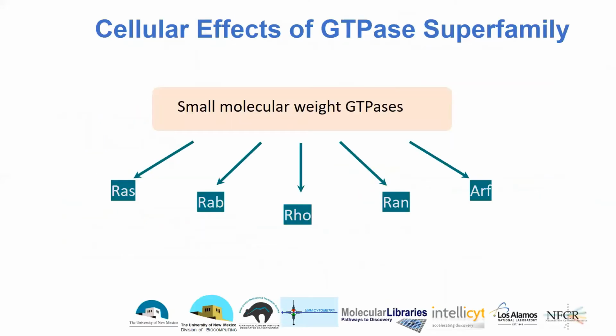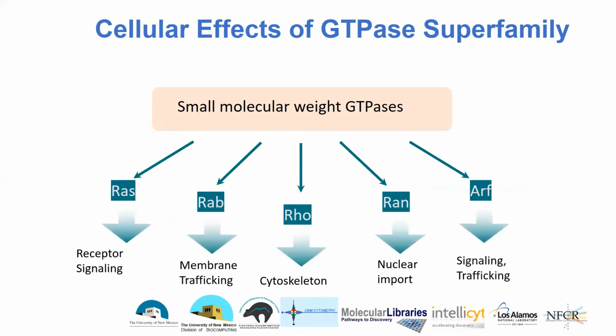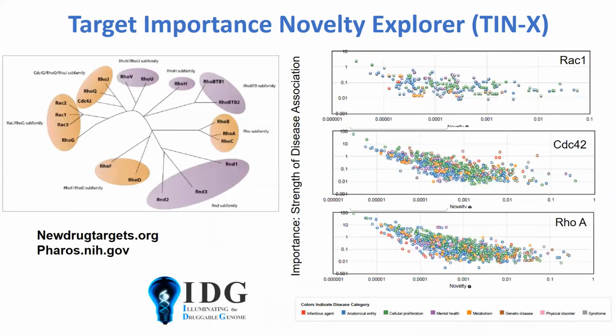Low molecular weight GTPases consist of a superfamily of about 150 proteins that are involved in receptor signaling, membrane trafficking, cytoskeleton, nuclear import, and other processes. In this regard, I would like to call your attention to the NIH initiative called Illuminating the Druggable Genome.